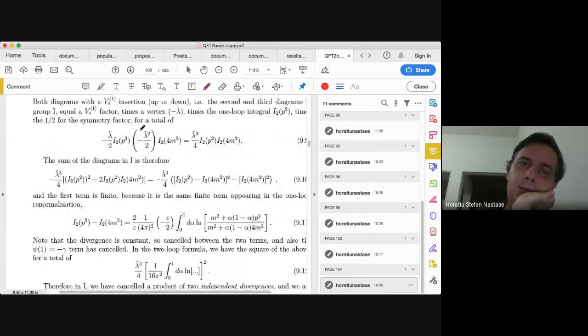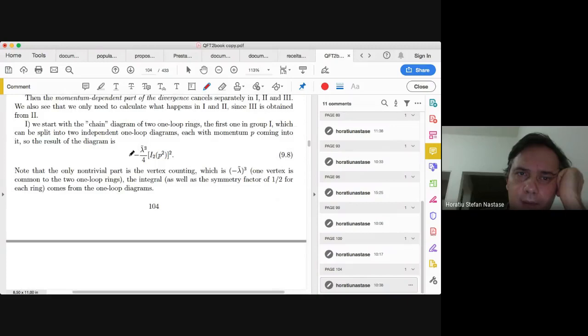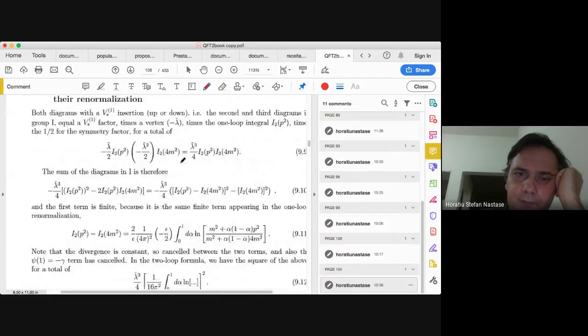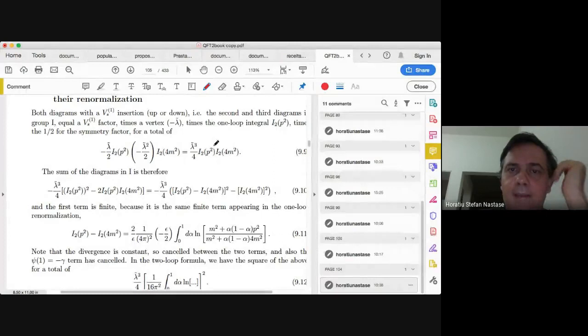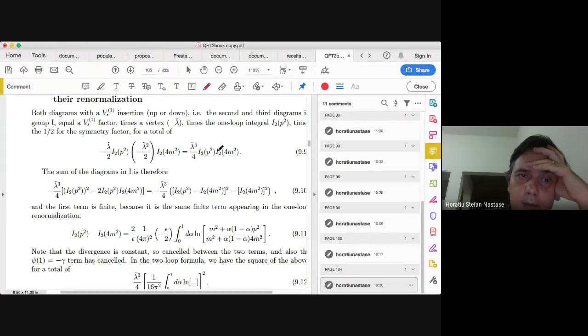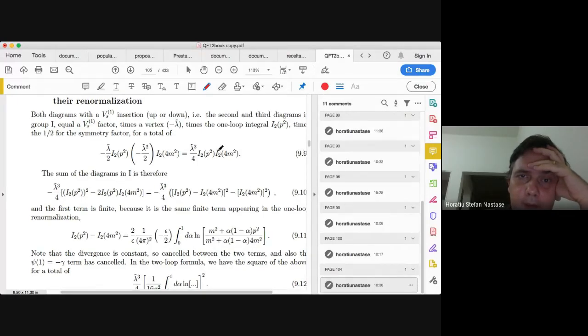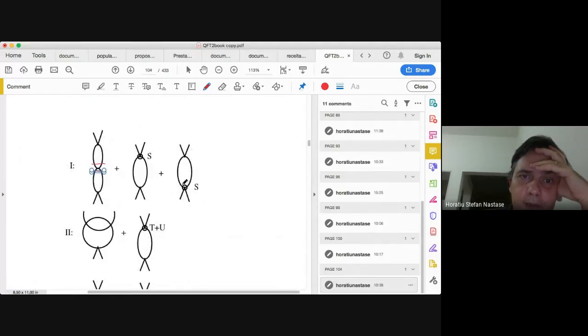So I multiply with this, and together I get this result. And so I sum this with this first term. And then I have to also sum the one with S downwards.